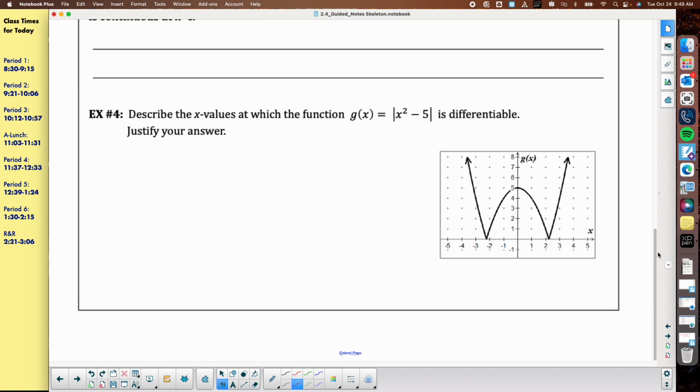So it's not differentiable, and we are answering the exact opposite, unfortunately, but we'll get there in a second. So it's not differentiable at x equals plus and minus square root of 5. Close to 2-ish.